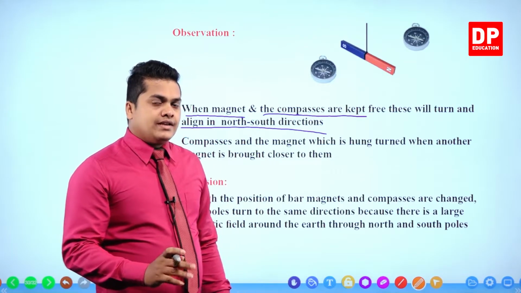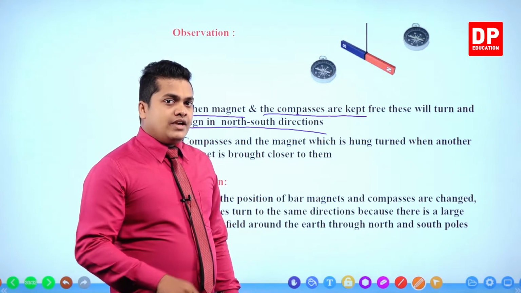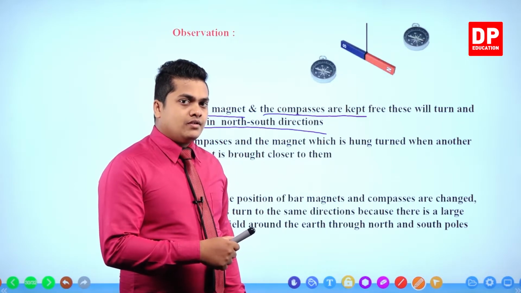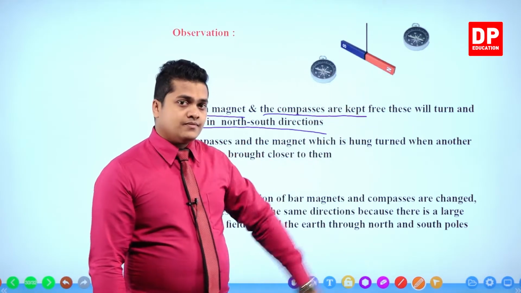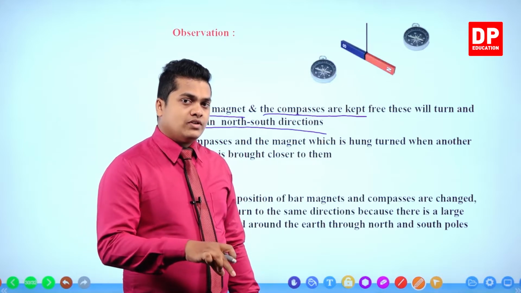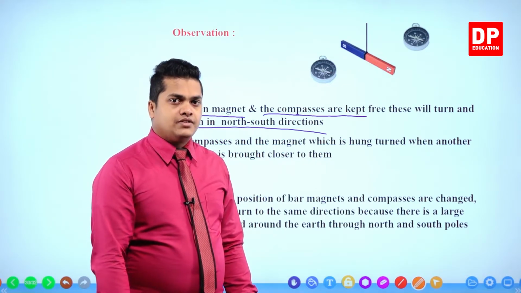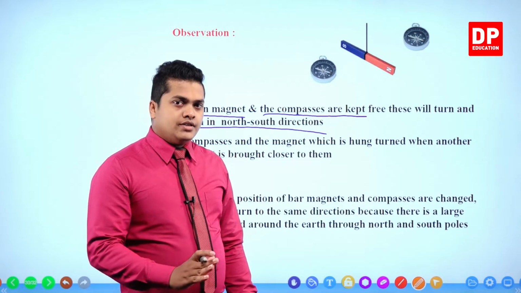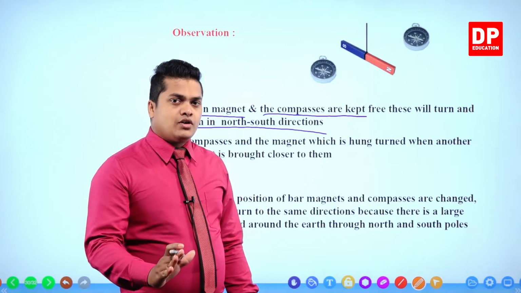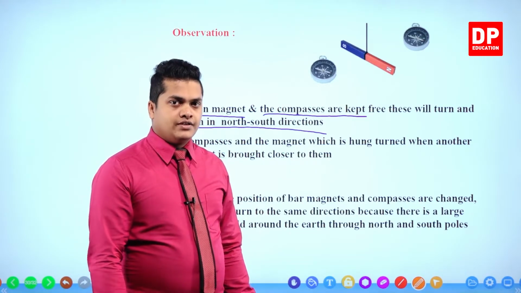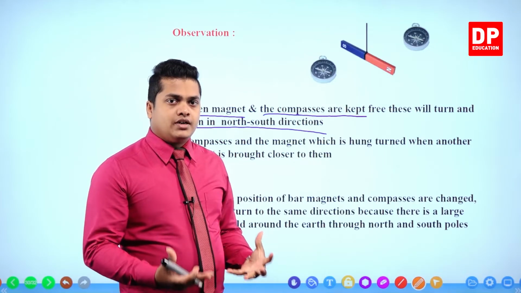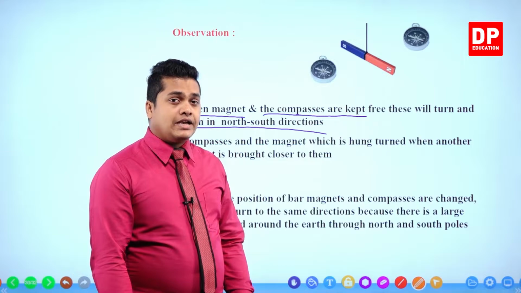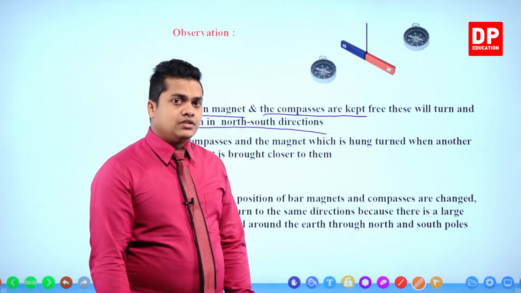It's because we are influencing them with another magnetic field. Magnets are turned to the direction of a magnetic field. That's the final conclusion we can take from this experiment.